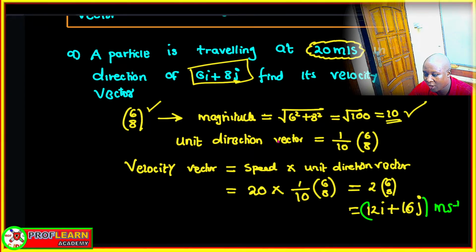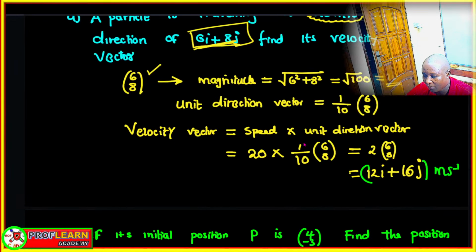Then the unit direction vector is going to be 1 over 10 into (6, 8). The velocity vector will be speed times the unit direction vector. I usually like leaving it like this, so that when you multiply with the speed, these can cancel out, and you remain with 2 times 6, which is 12i, and 2 times 8, which is 16, and that is the velocity vector.